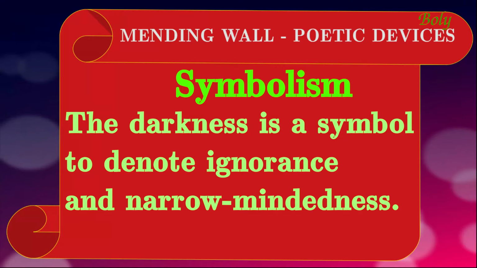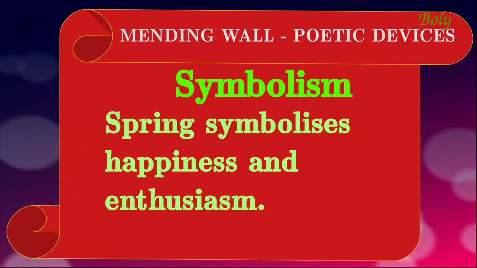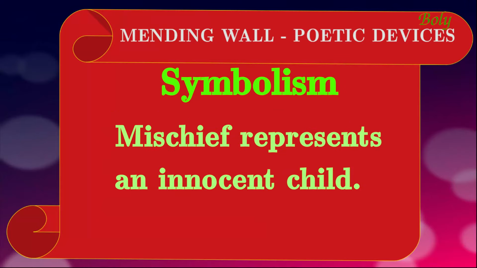The neighbor is ignorant and narrow-minded, in the view of the poet. Again, the poet uses another symbol, spring. Spring symbolizes happiness and enthusiasm. Again, the word mischief can also be considered as a symbol. Here, mischief represents innocent children.